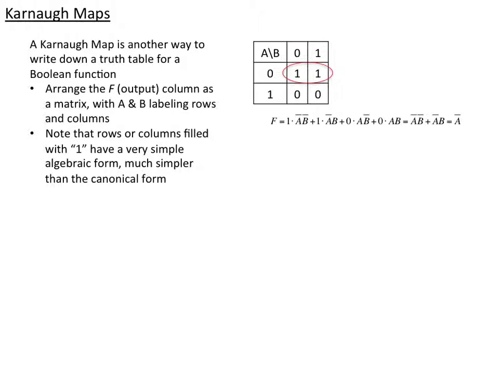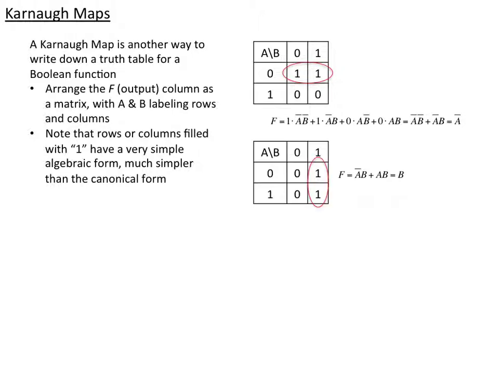So my two 1s end up both being in the top row, and therefore I can say the top row goes with 0 on A, or A bar. So rather than having this fairly complicated canonical form where I have 1 or and 2 ands, I just write down the function itself.